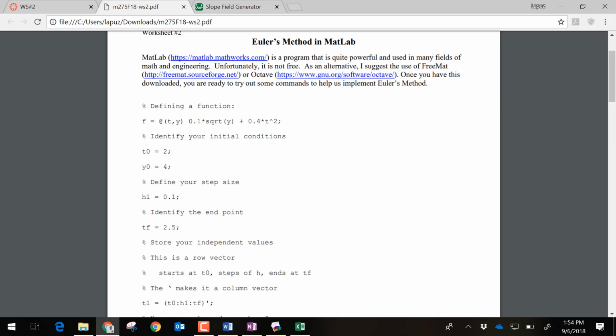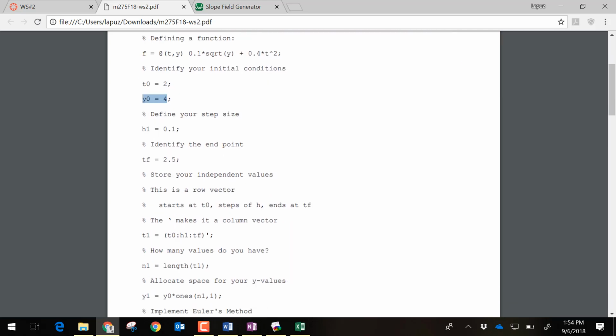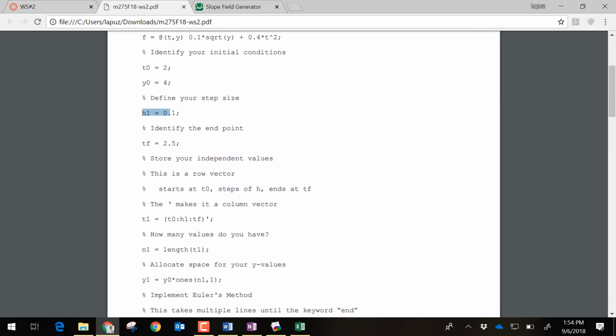This starts off by defining your function. Then you start off with your initial conditions. Instead of x's, we'll use t's. Then define your step size, and figure out where you're going to stop.